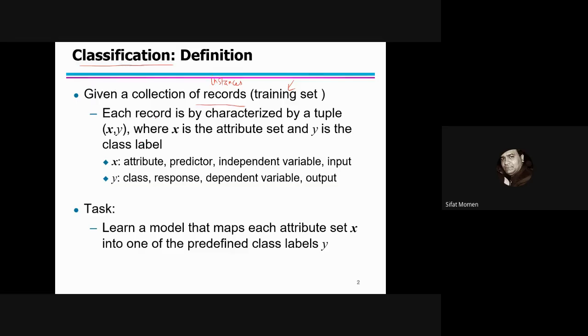Now each record, meaning each instance, is characterized by a tuple (x, y). It contains two things, x and y. What is x? X is an attribute set and y is a class label. Remember, the notation is to write it as capital X followed by small y, because x contains more than one attribute and y is usually one attribute: one target or one label that we would like to classify.